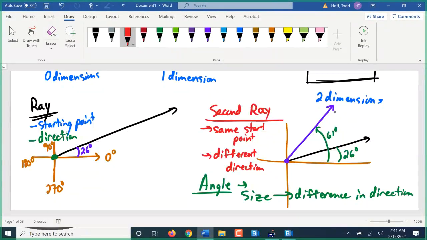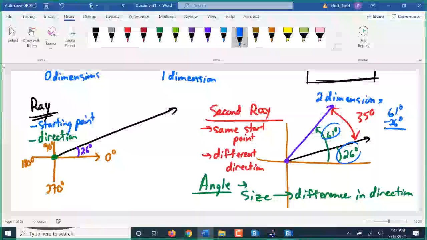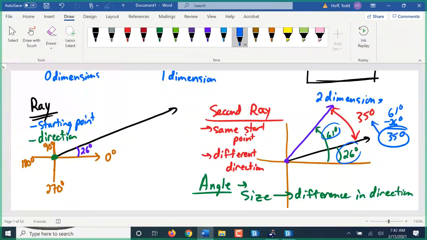This angle right here, 35 degrees, because that's the difference in the direction between those rays, 26 and 61.